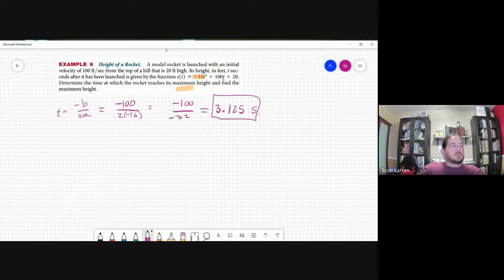But then it also says find the maximum height. So that is to say, find f of 3.125. So I plug it in.